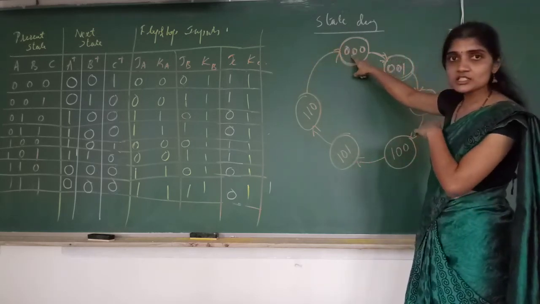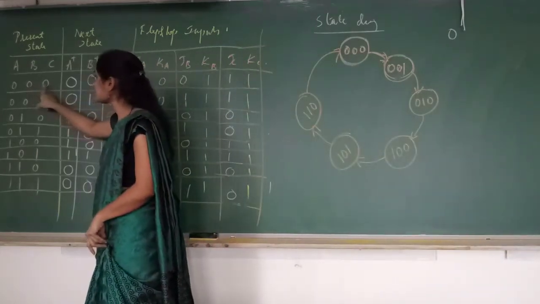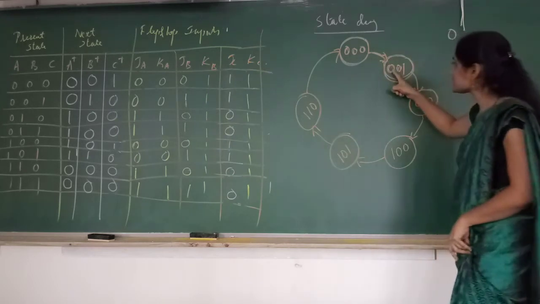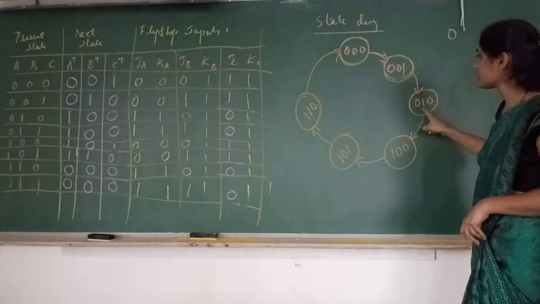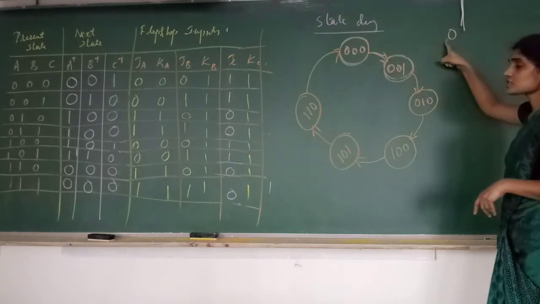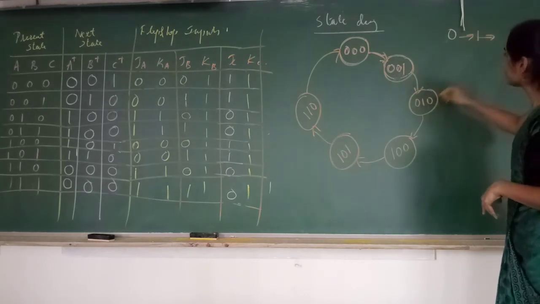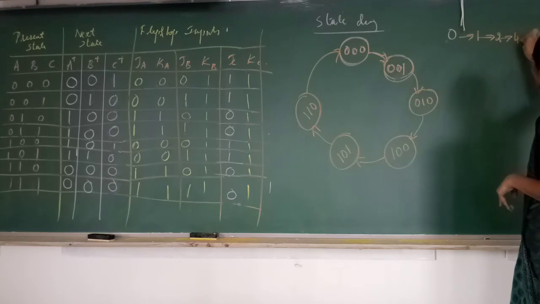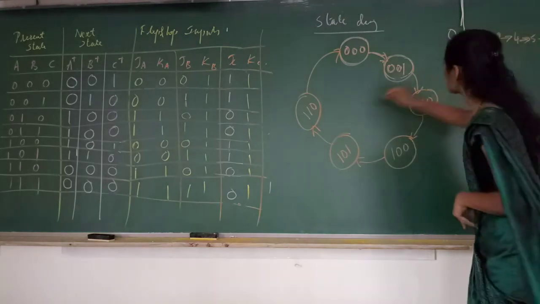Now what is the present state? 0 0 0. If 0 0 0 is the present state, what is the next state? 0 0 1. If 0 0 1 is the present state, next state is what? 0 1 0. The sequence will repeat. So it starts from 0 to 1, 1 to 2, 2 to 4, 4 to 5, 5 to 6.